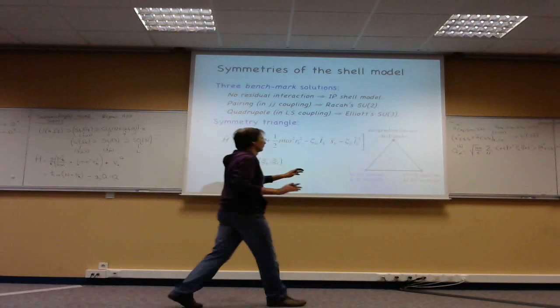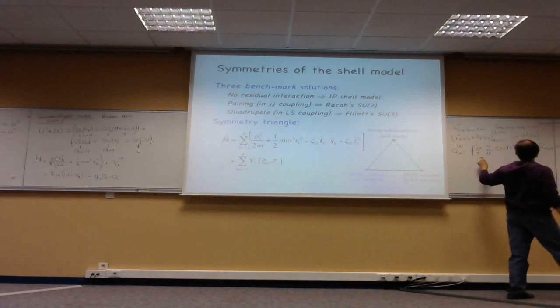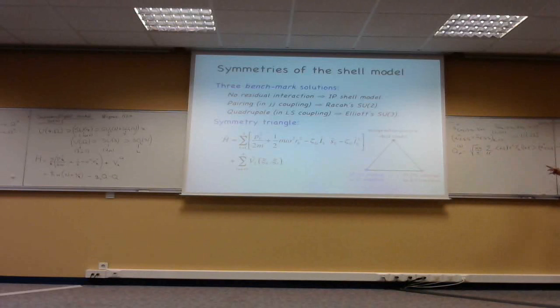So this is a conventional factor which you take in front. This is the quadrupole. There is a little thing I have glanced over which I will come back to in a moment.